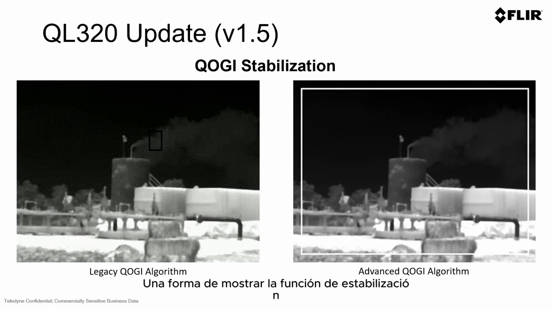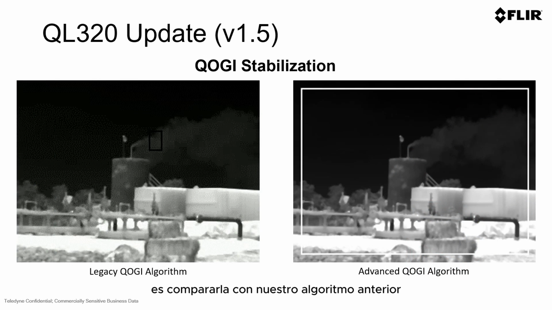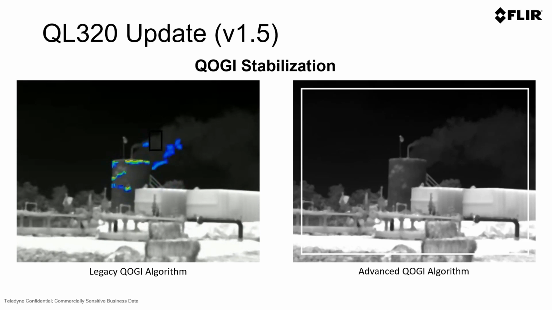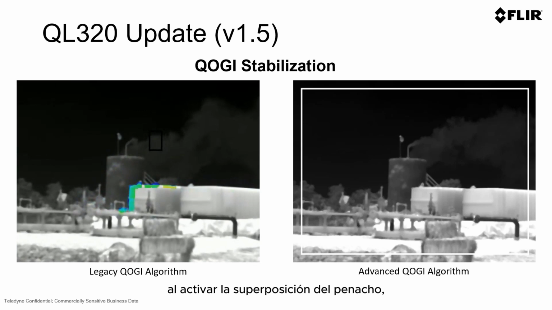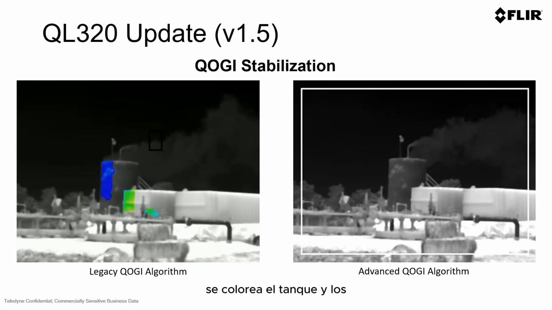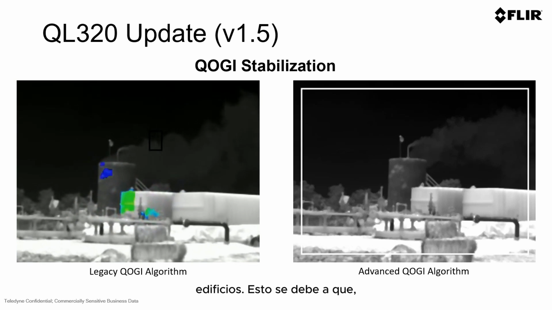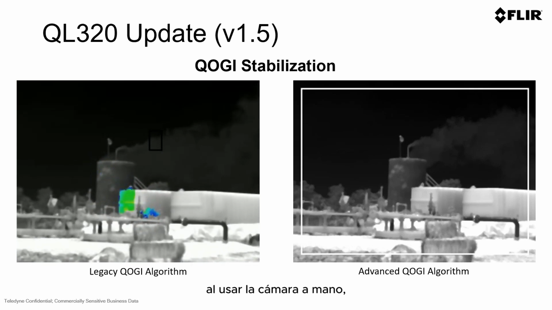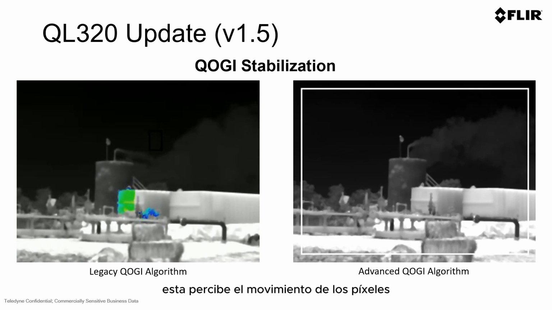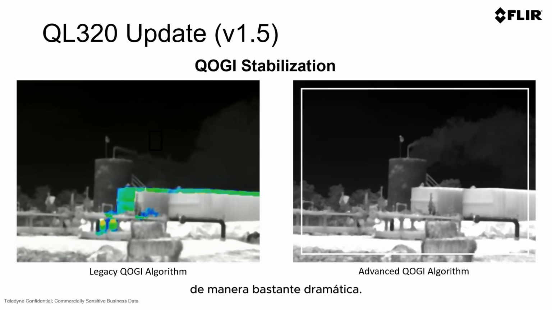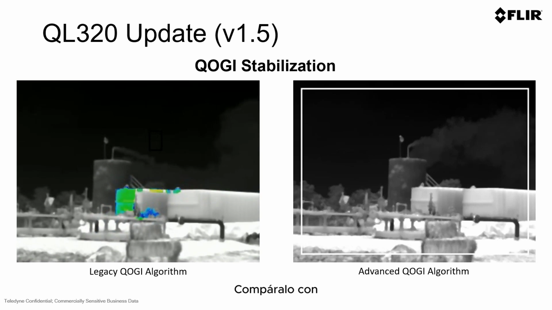One way to show the stabilization feature is to show it on our legacy algorithm compared to our new advanced algorithm. On the video on the left, you'll see as we turn on the plume overlay, it's colorizing the tank and the buildings. This is because as your handheld operation using the camera, it sees those pixel movement quite dramatically in the camera.